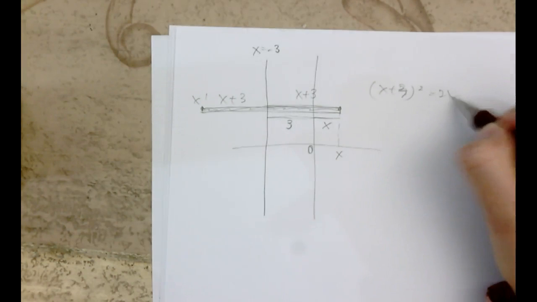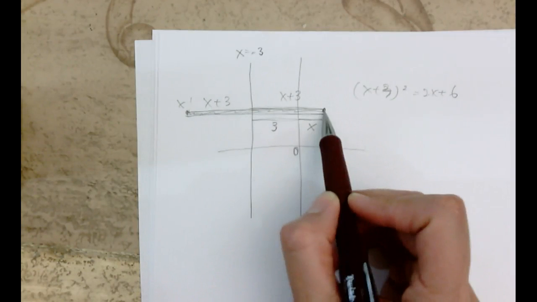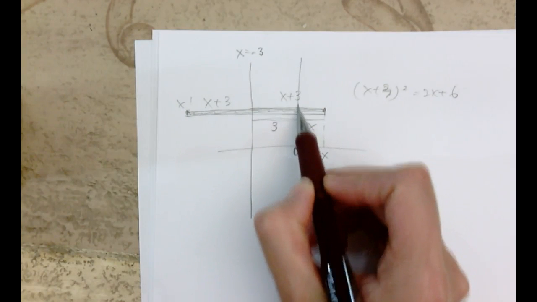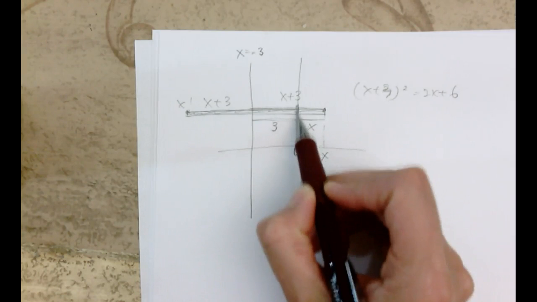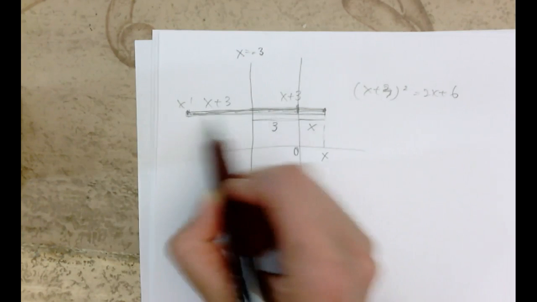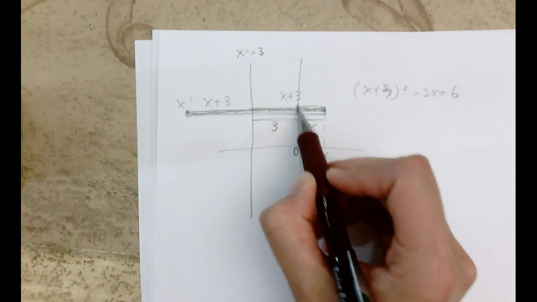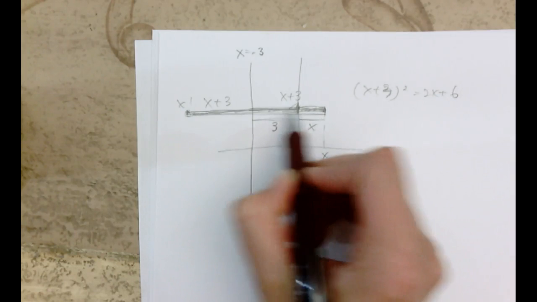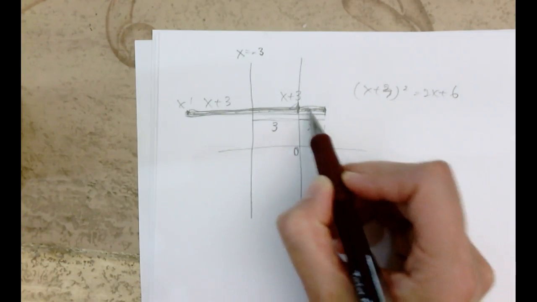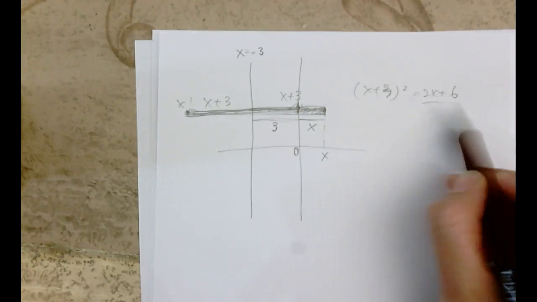So that's 2x plus 6. This whole thing is 2x plus 6. But I want the distance from 0, not the whole thing. This whole distance includes this part, which I don't need, because I just want from 0 to over here.